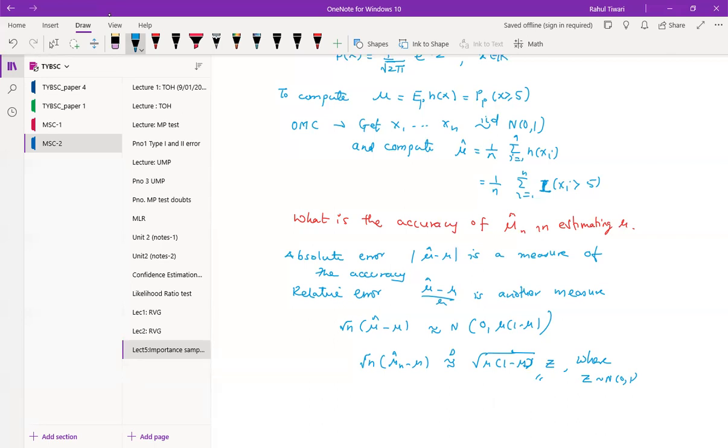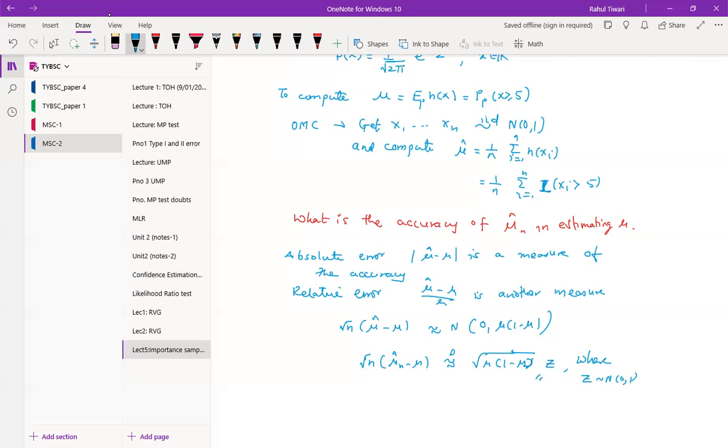So if mu becomes near to 1, then the variance becomes 0, and we can say it has higher accuracy. Higher accuracy is achieved even if the sample size is small, but mu should be near 1, though it can be close to 0.5 also.